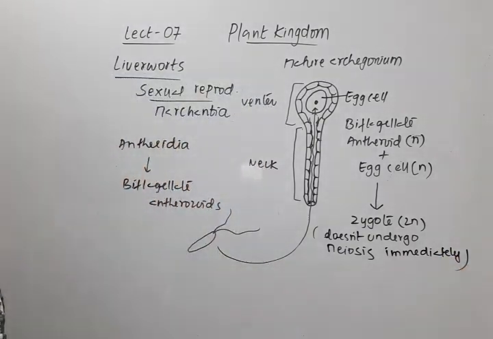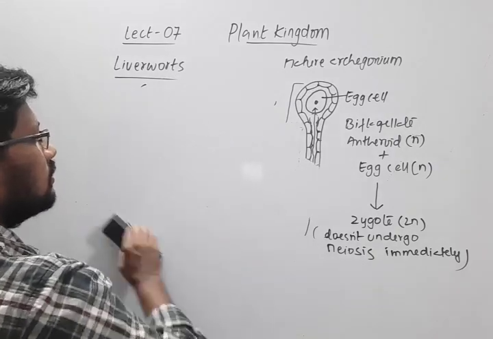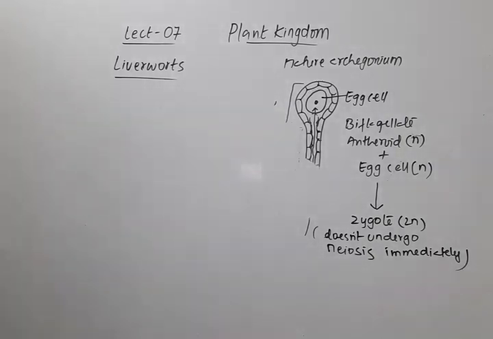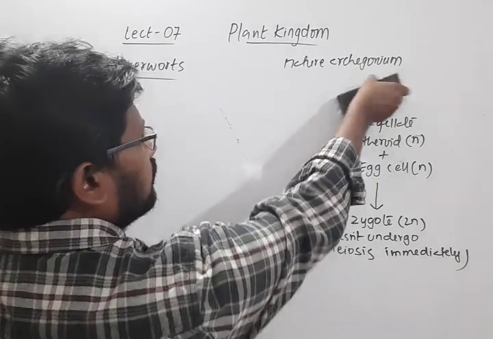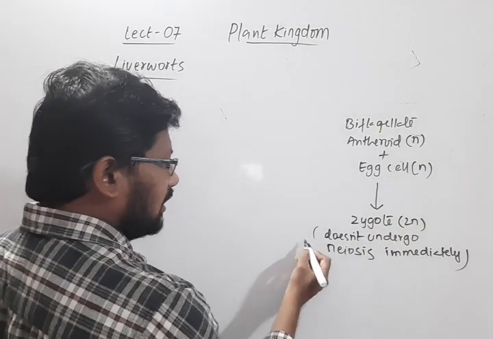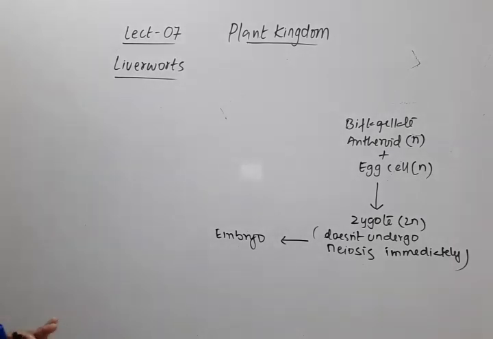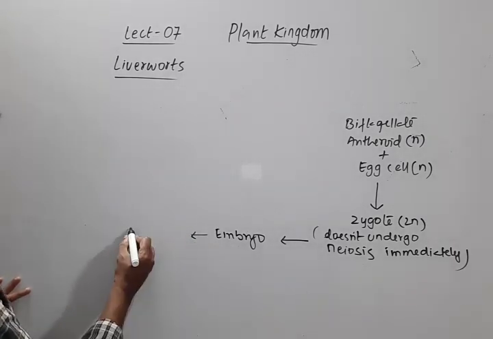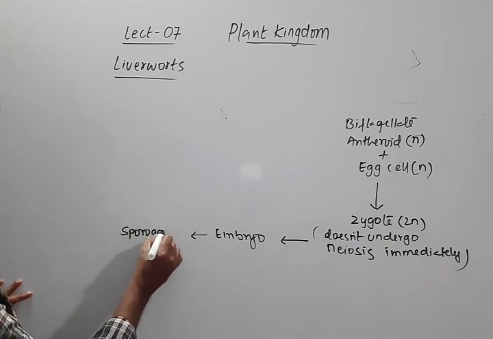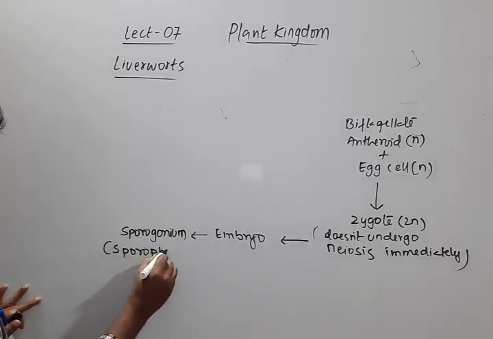Instead, it develops into a structure, the sporophyte, called the sporogonium. The zygote later starts forming an embryo. After some time, not immediately, it develops into a structure called the sporogonium, which is the sporophyte.